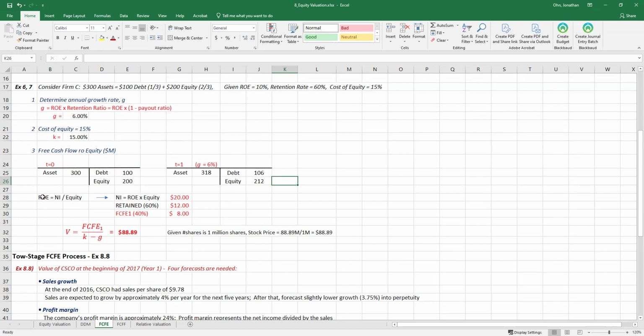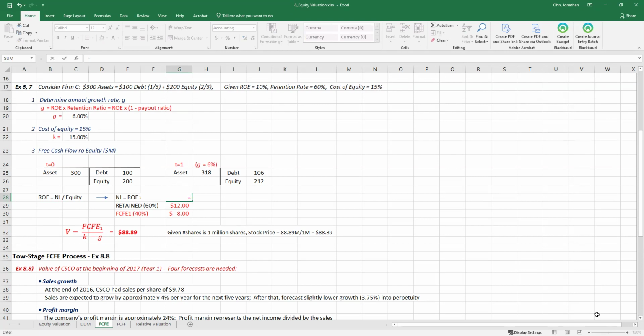Return on equity is, as you see, net income divided by total equity. That means net income is equal to return on equity times equity. So how do you do that?